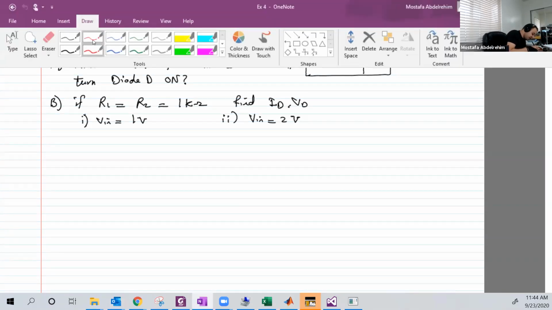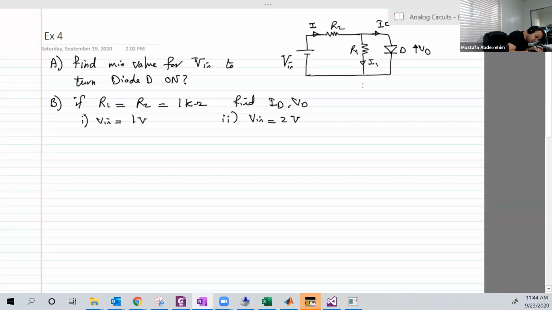Good. Before going into the details of that, what's really required, if we make, just on the side like this, if the input, for example, is equal to 0.4 volt, what do you expect for the diode? Is it on or off, reverse, forward?